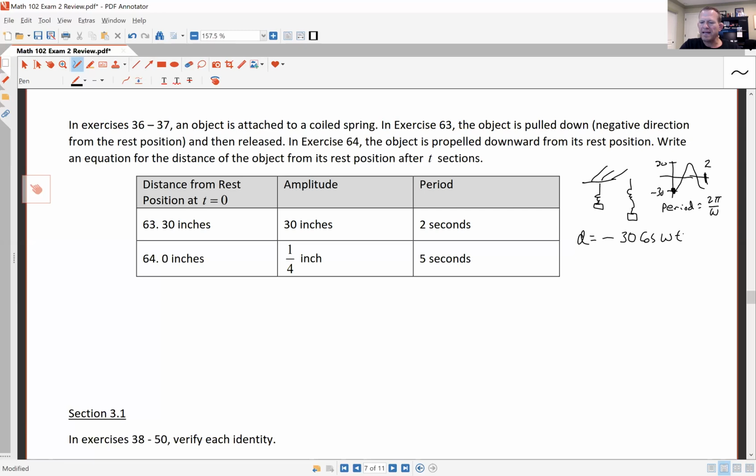So to find omega to put into our distance equation, if the period is 2, then omega is pi. And so this equation for the first one is d equals negative 30 cosine pi t.